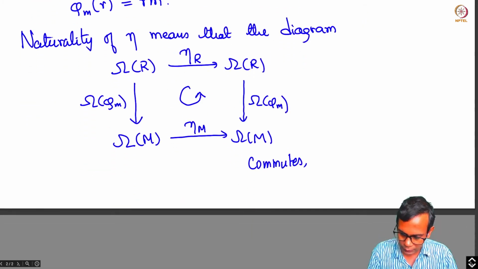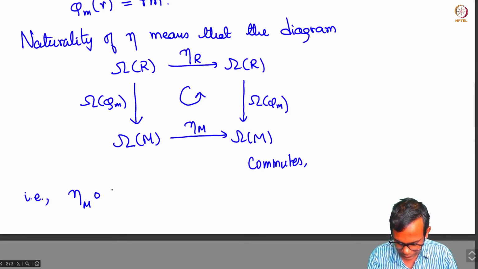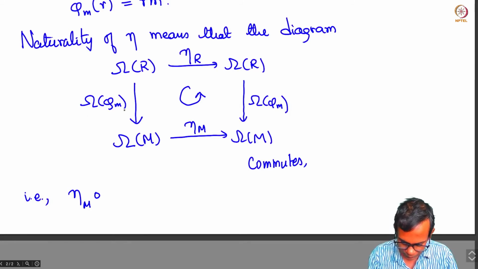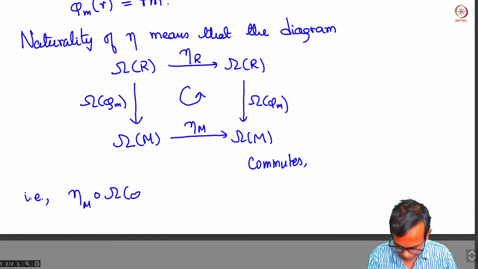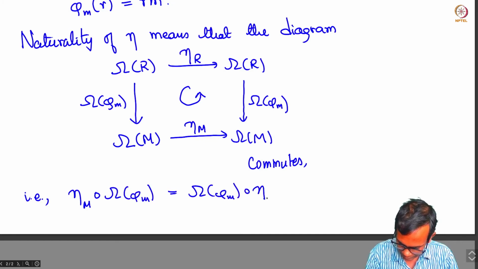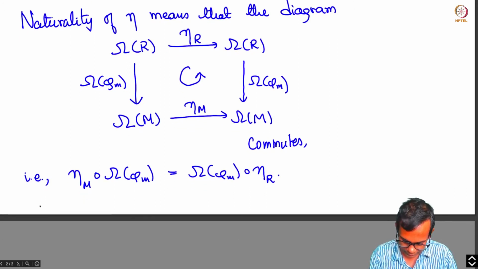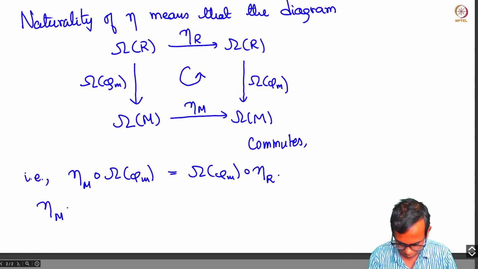What does commuting of this diagram mean? That means that eta M circle omega phi M is omega phi M circle eta R. Now let's see if we can evaluate eta M of m.